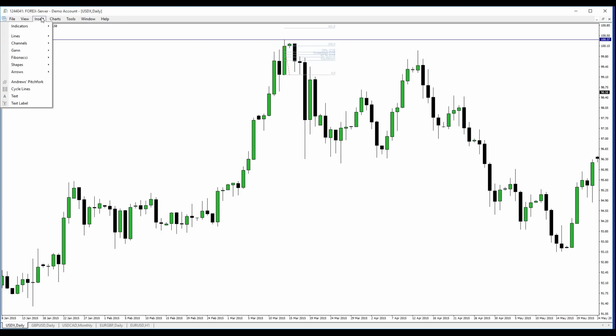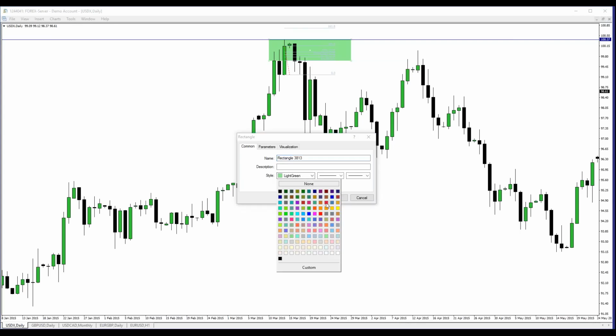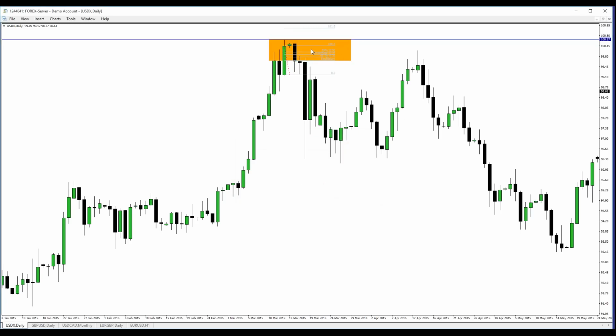Let's highlight that so you can see what I'm talking about. We'll stick with orange. The likelihood of price getting back into this side of the body of the candle and up to the high is very, very slim.